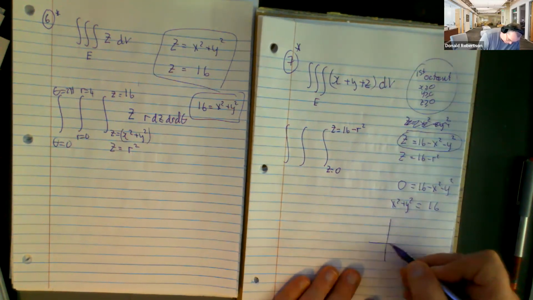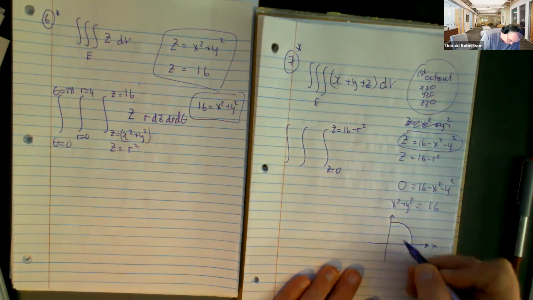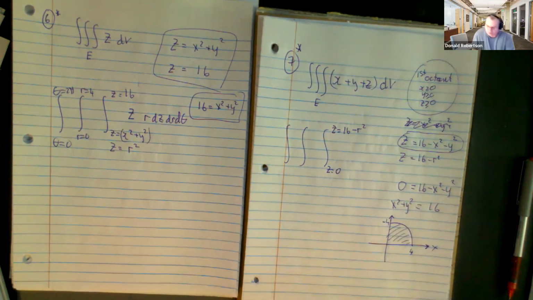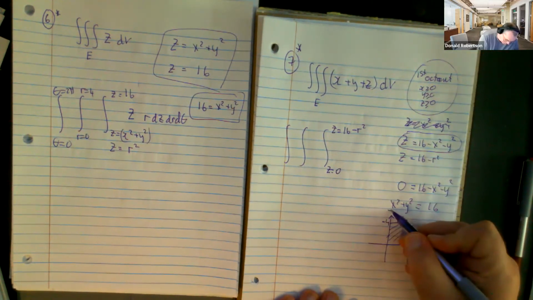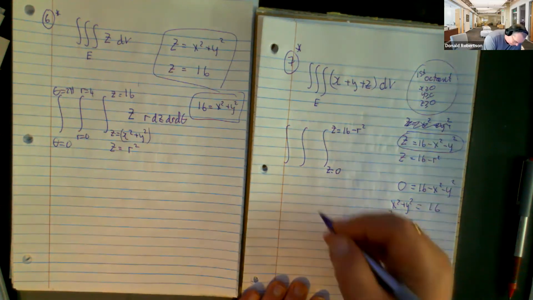But I forgot to take into account that you're in the first octant. And when you're in the first octant, doesn't that mean you're only this piece of the circle on the floor? Agreed? So that is going to change some of my answer.